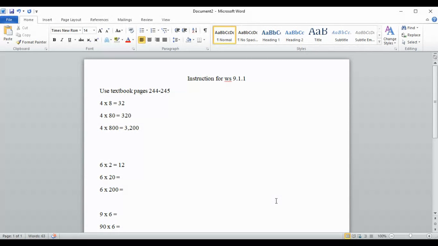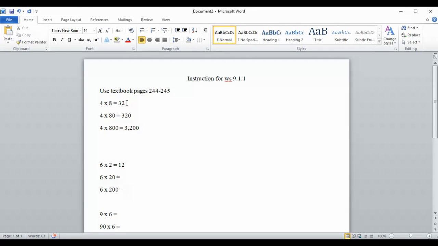And 4 times 800 equals 3,200. So I bet you can pick out some patterns here. We've got 4s all the way here. We've got 8, and then it just increases by 10 each time. So we've added a 0 here, 2 zeros here.